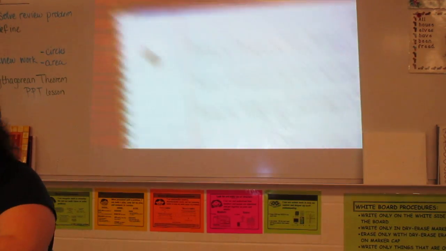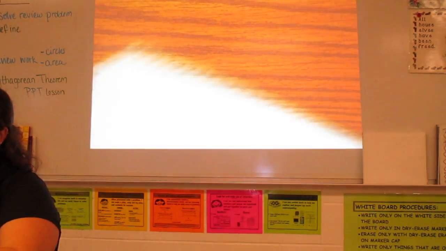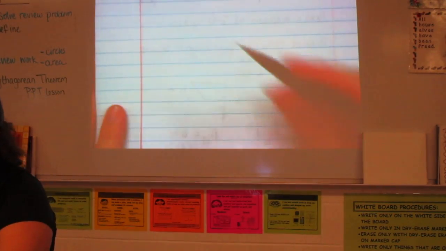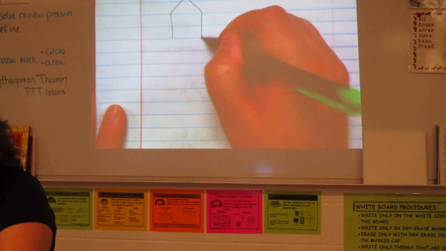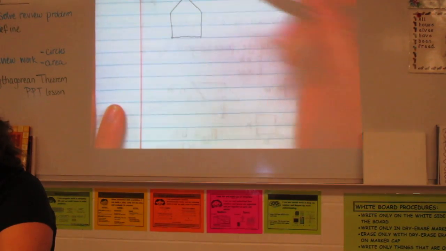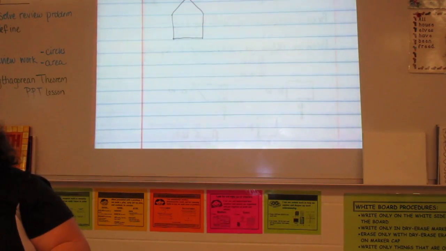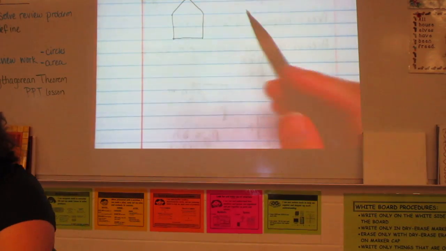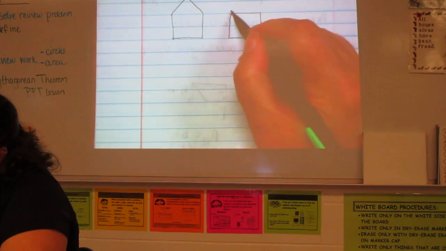Now, composite figures is where you take a figure that is made up of more than one shape and you cut it into shapes that you can deal with. So here I see a quadrilateral and a triangle.